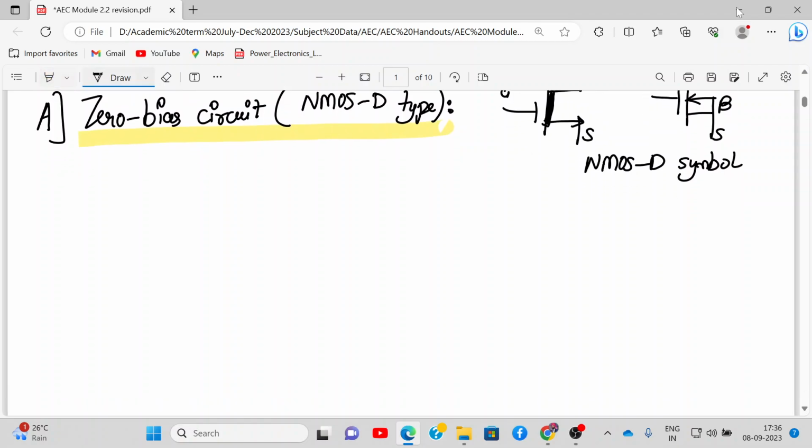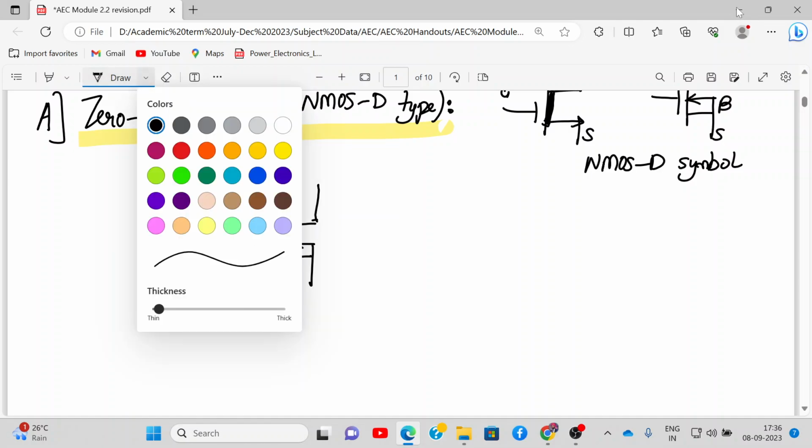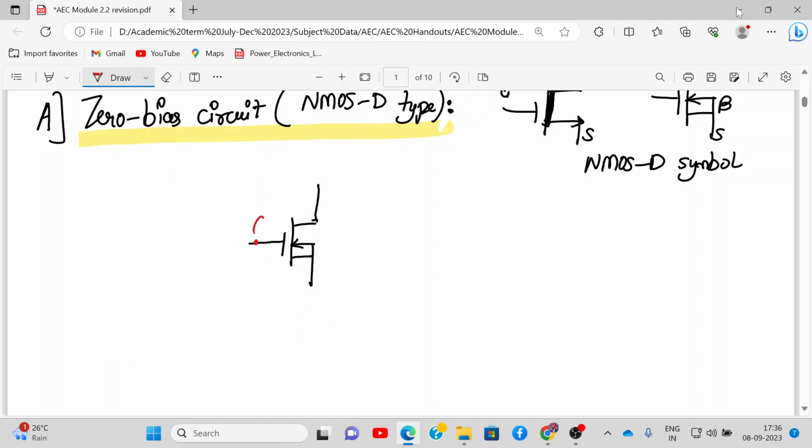Now we draw the circuit. I am using the four terminal symbol. Please draw the circuit along with me. Take the MOSFET and mark the terminals as gate, drain, and source.